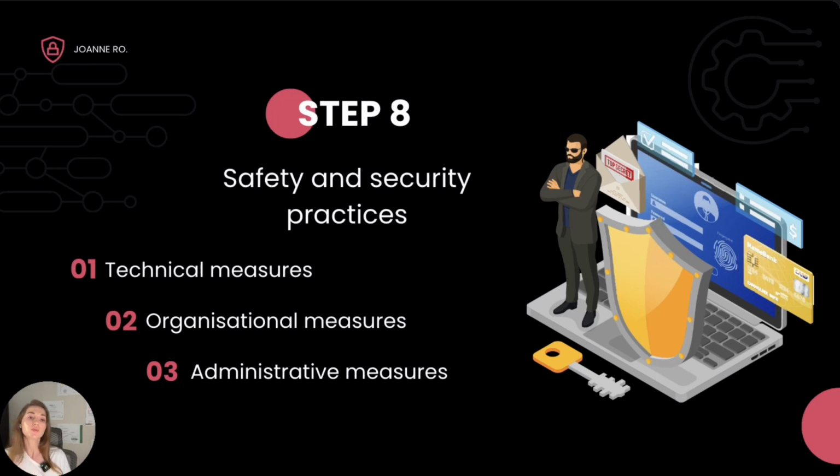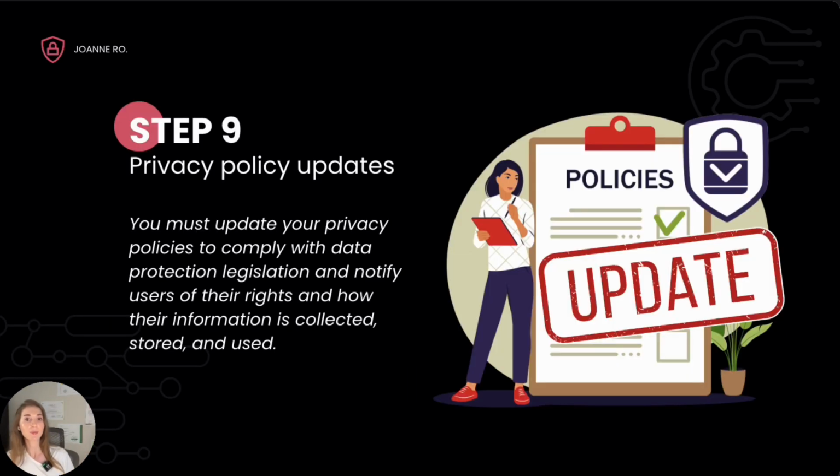So all these 3 groups of measures are really crucial, and they are all important for your company. They have different purposes, but their main purpose in general is to ensure that your company has a high standard of safety and security for the personal data that you collect about your users, your data subjects, whatever.